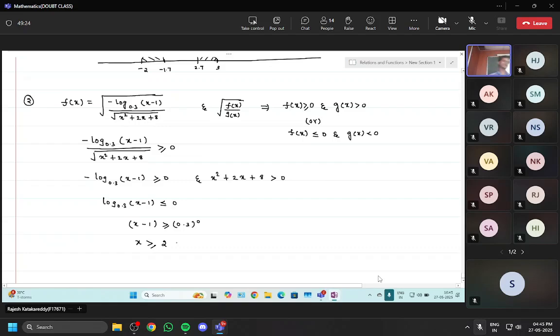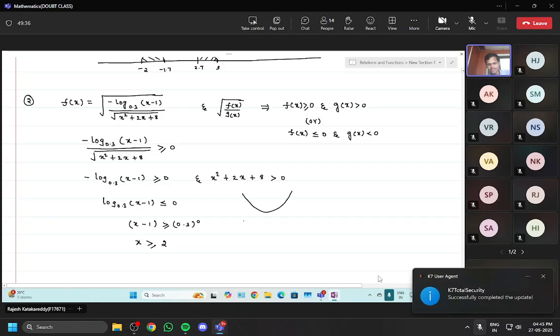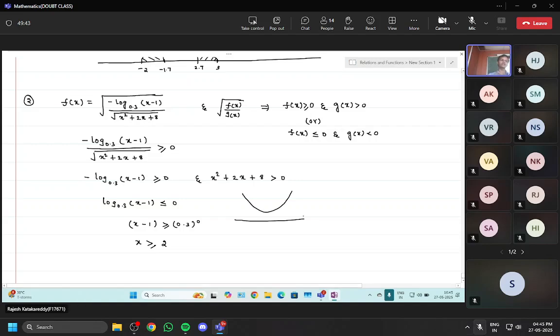Now, second thing, what is my claim on the second one? If you observe, the second quadratic equation does not have any real roots. If the quadratic equation does not have any real roots, it is not going to intersect the x-axis. If it is not intersecting the x-axis, f of x, the quadratic, is not changing sign at all. Clear? It will always have the same sign. This is your y equals 0 line. y equals x square plus 2x plus 8 is not intersecting it.